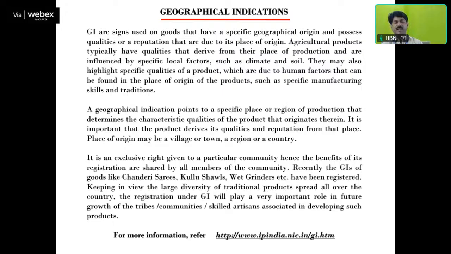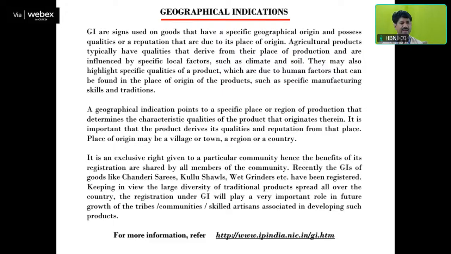In that particular climate and soil variety, we get that particular aroma. In other places, it may be slightly different. So people who are very particular about that can go for a particular brand, which can have the GI tag.